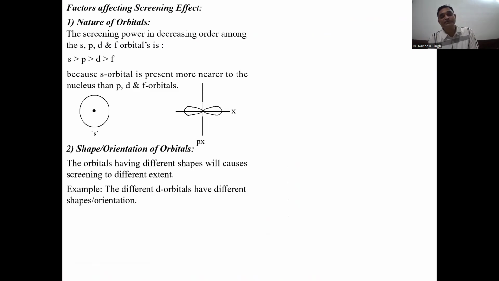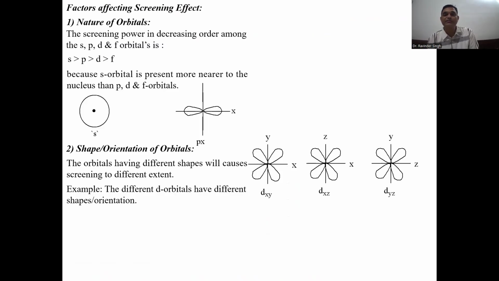For example, in case of the d orbitals, the d subshell has 5 orbitals: dxy, dxz, dyz. In all three, the shape is double dumbbell, but the orientation is different.